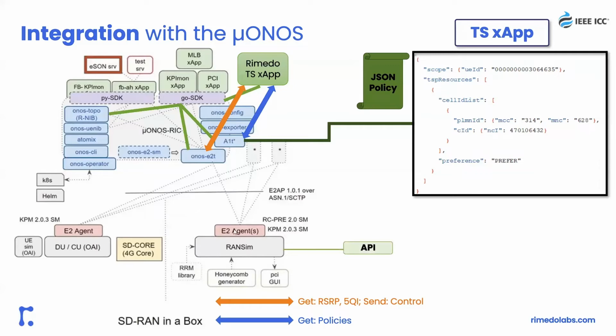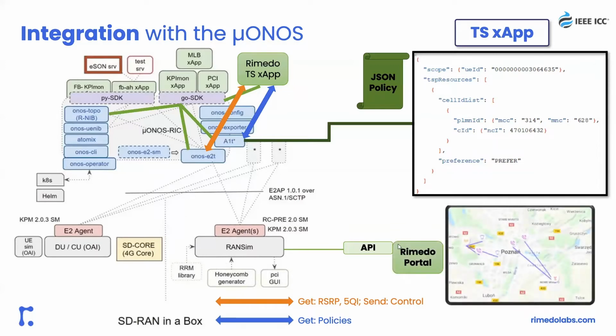Okay, and just for visualization purposes, we have also some RAN simulator API, which simply takes out some data from RAN simulator, and then using Rimedo portal, so map and some simple table, we can display all things that we need to visualize the idea of this traffic steering xApp in an easier way, easier in the meaning of understanding this idea.